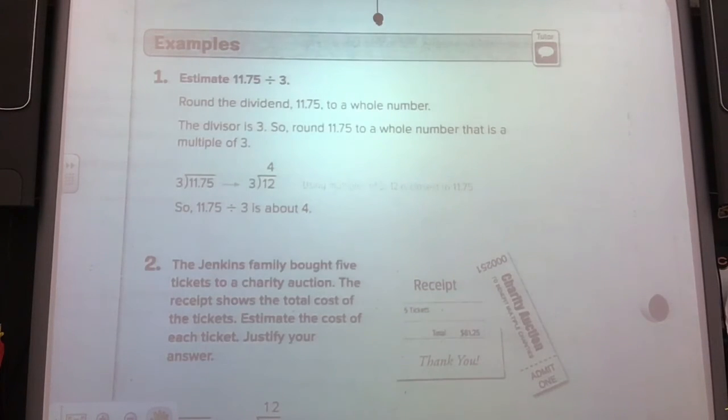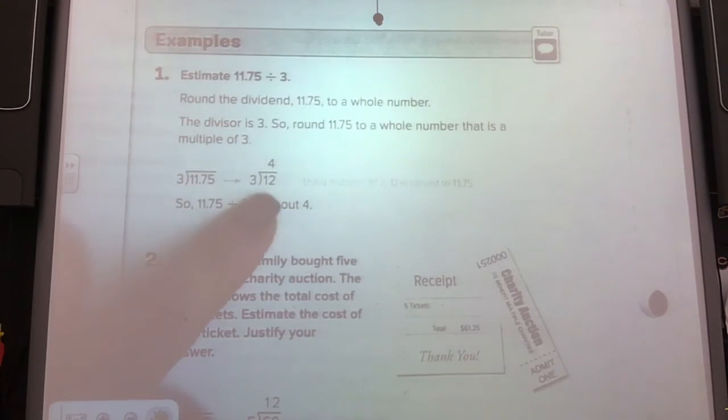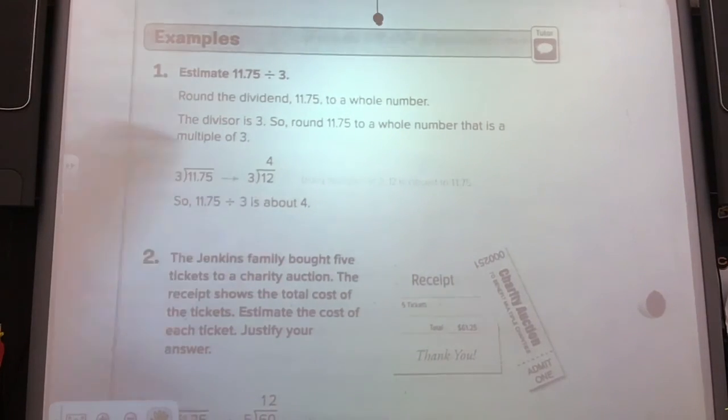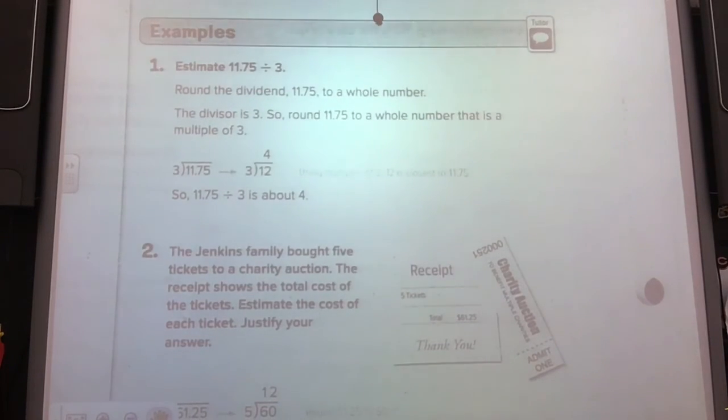Round the dividend 11.75 to a whole number. The divisor is 3, so round 11.75 to a whole number that is a multiple of 3. Well, 3, 6, 9, 12, 15. Which one's closest to 11.75? Definitely 12. 12 divided by 3 we can do, so it's about 4.